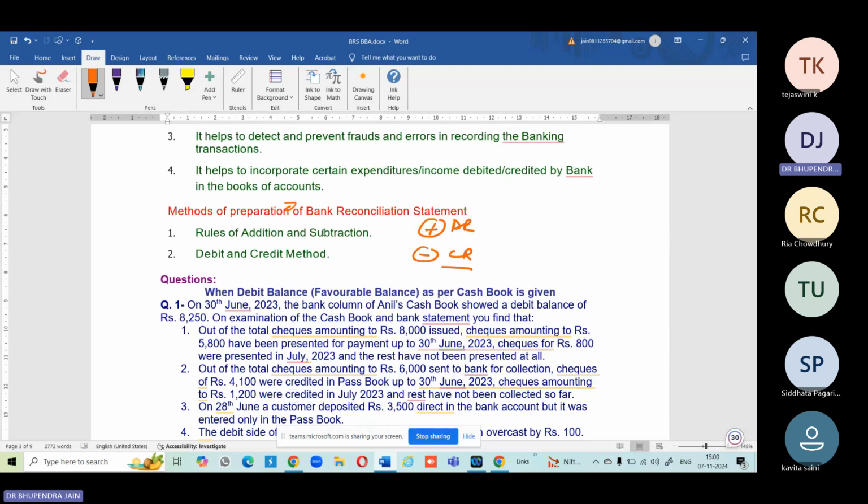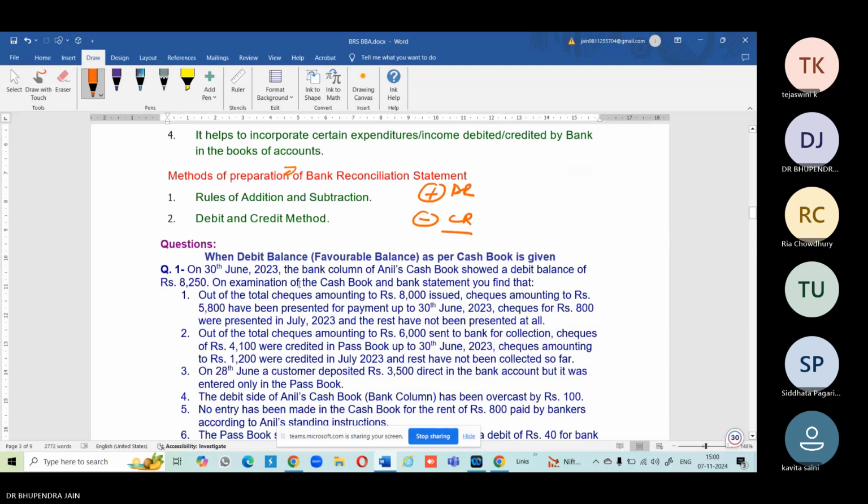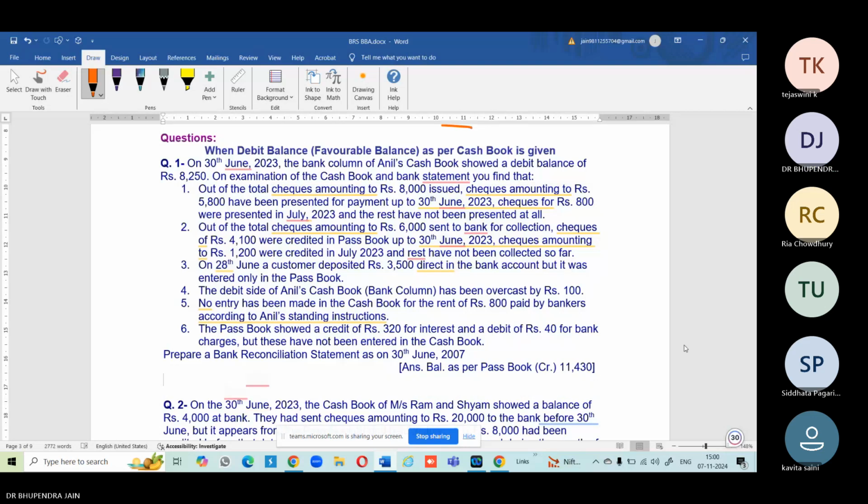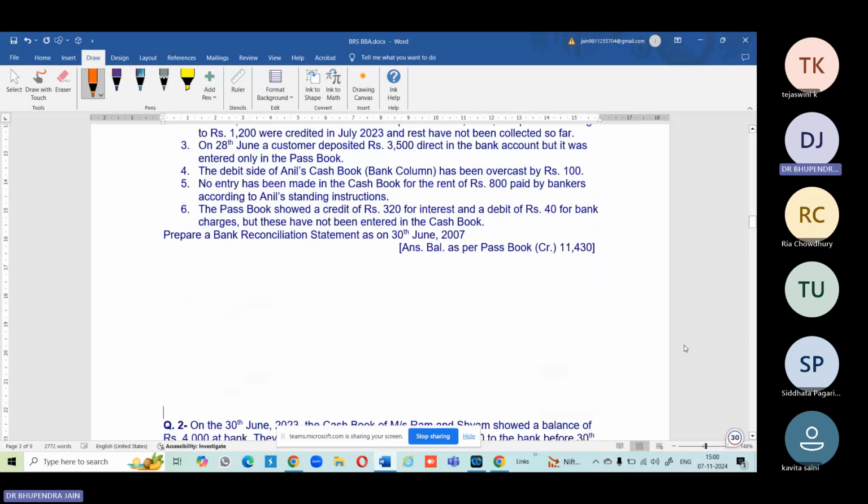This is the theory regarding this chapter. Now, how to prepare the bank reconciliation statement? So now we will solve some practical questions. Then we will discuss some multiple choice questions from the examination point of view.